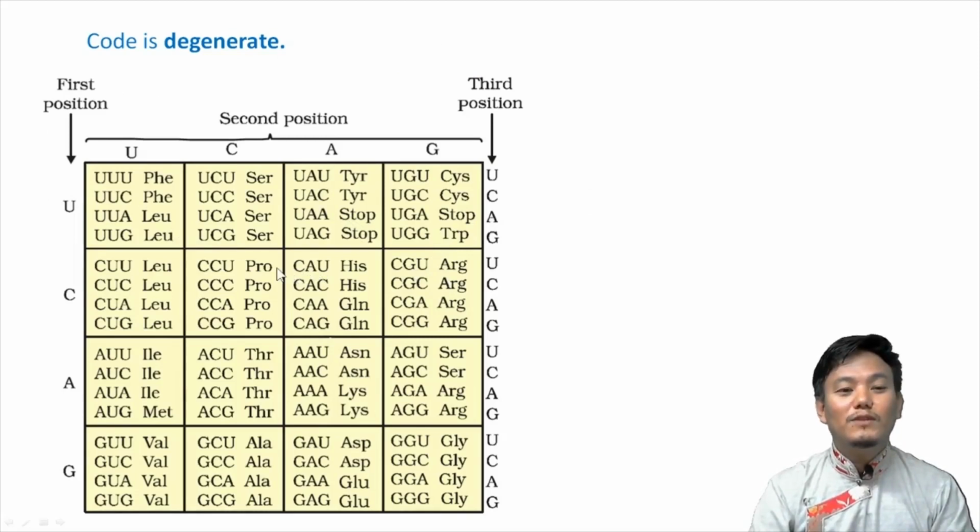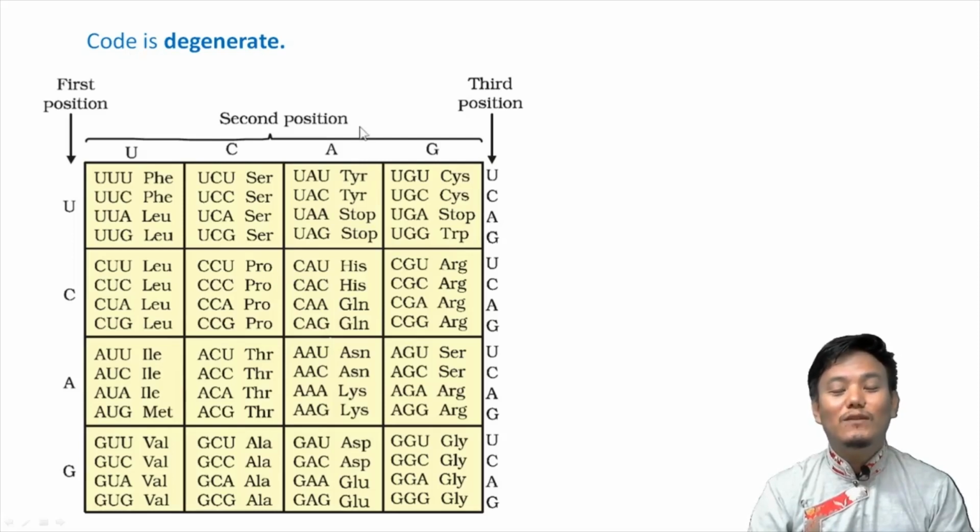If you look at this table, let us try to understand why the code is said to be degenerate. I have highlighted serine over here. Amino acid serine is one amino acid, but it can be coded by more than one codon. We have four codons which code for serine: UCU, UCC, UCA, UCG, all these codons code for serine.